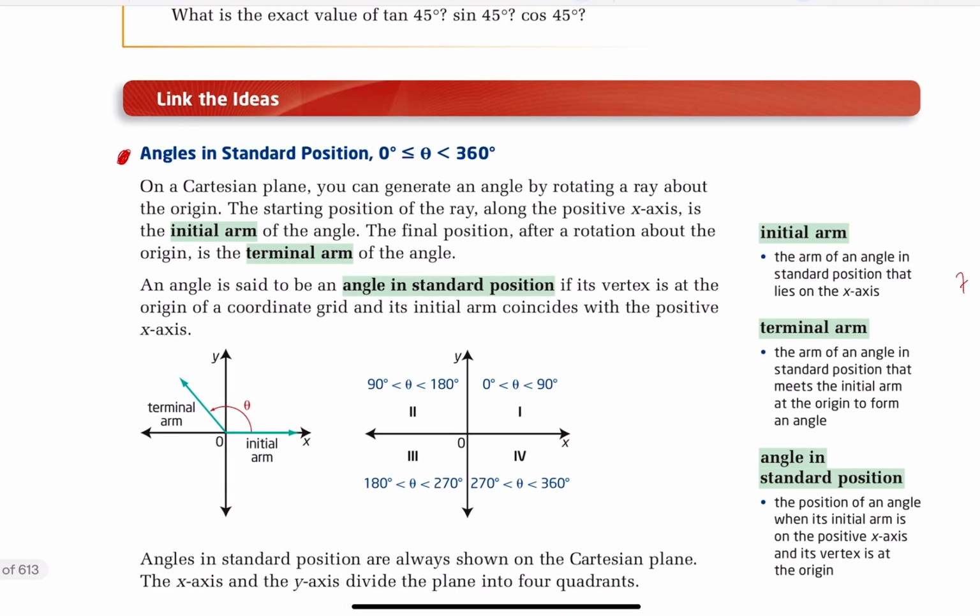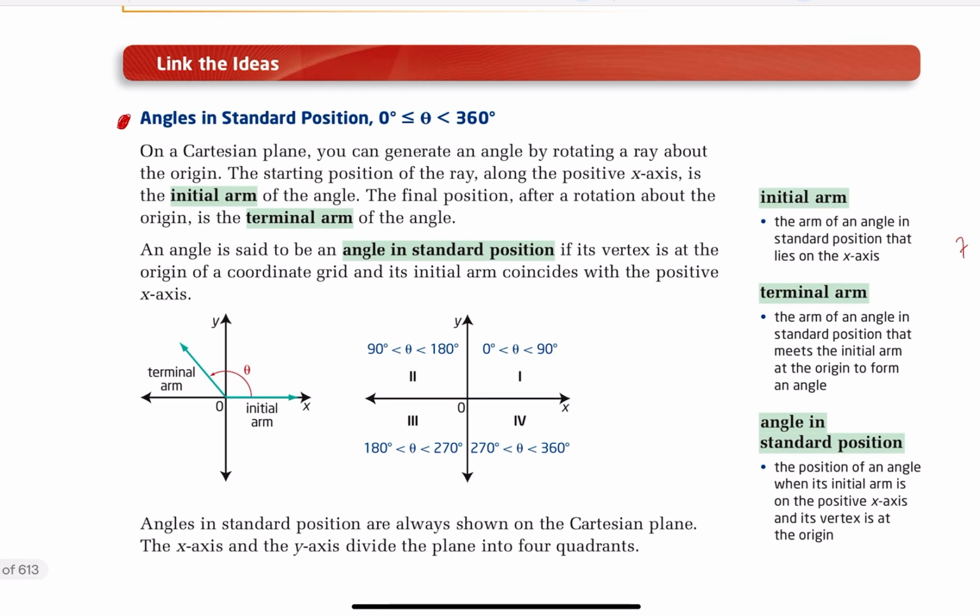So angles in standard position can always be between 0 and 360 degrees, because the starting arm is on the x-axis and the end arm is in the quadrants of our x and y axes. In the first quadrant, the angle is between 0 and 90. This position is 90, from here to here is 180, from here to here is 270, from here to here is 360.